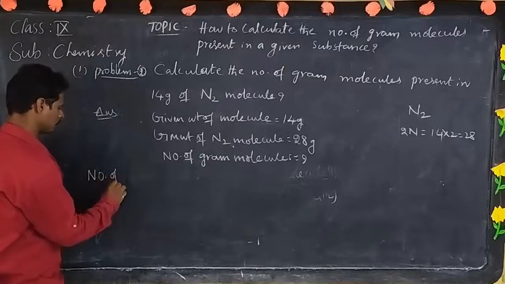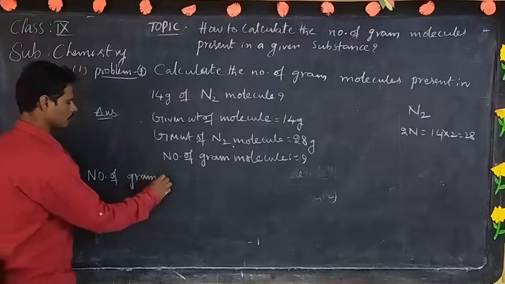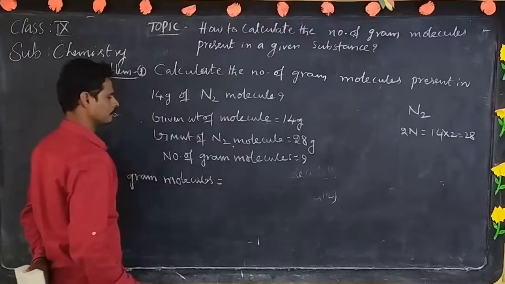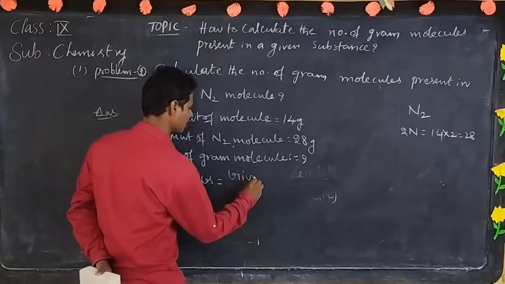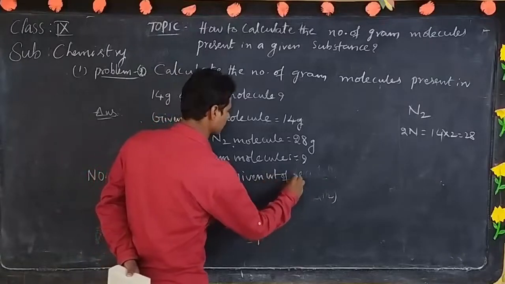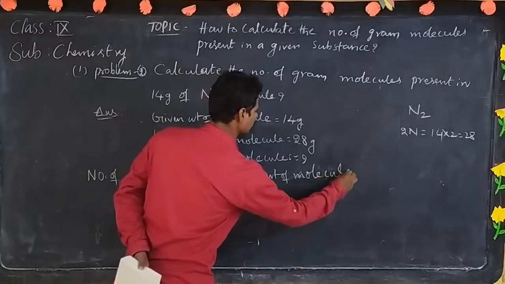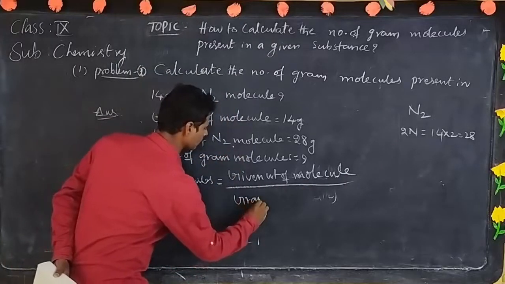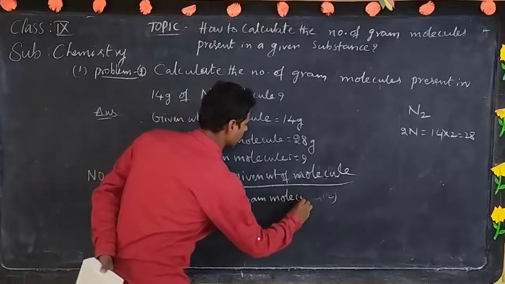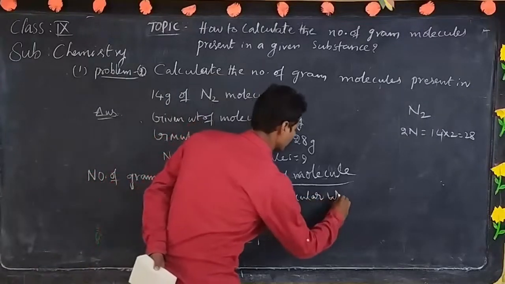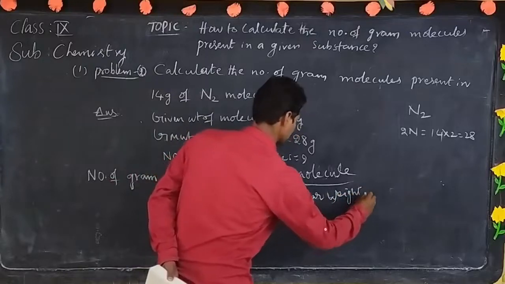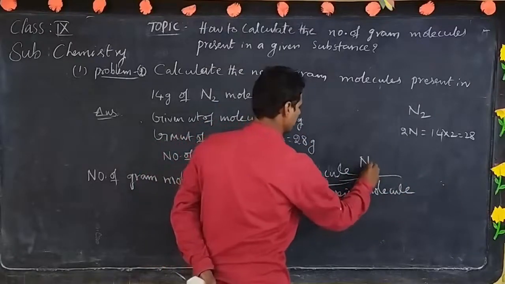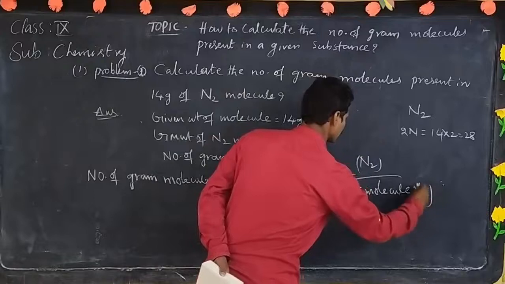Number of gram molecules equal to given weight of molecule by gram molecular weight of molecule. Here, molecule, what is that? N2, nitrogen molecule.